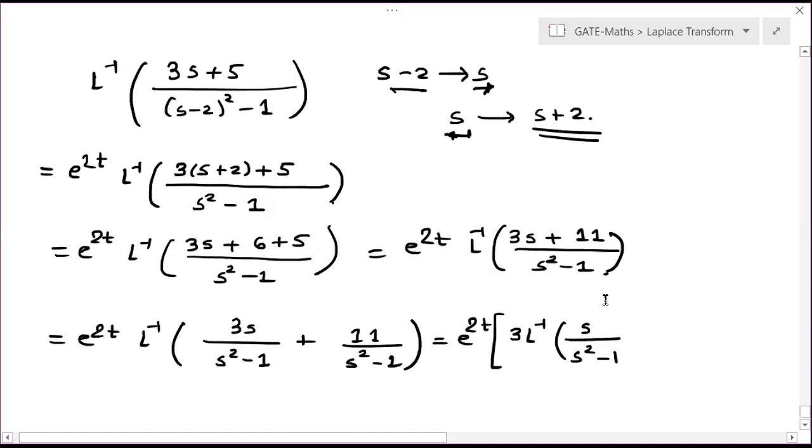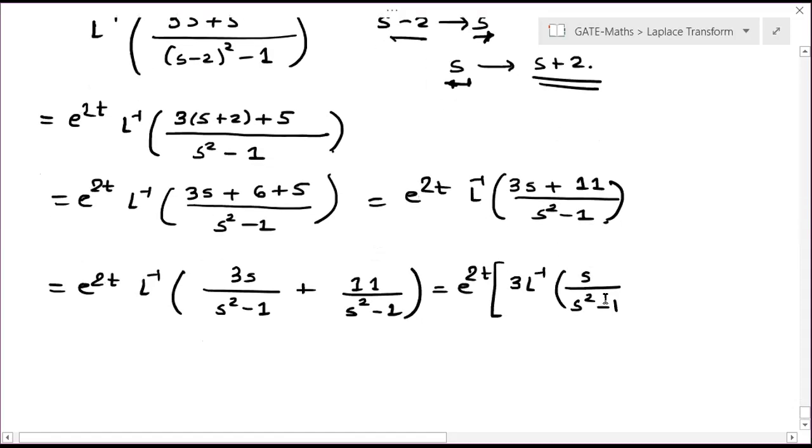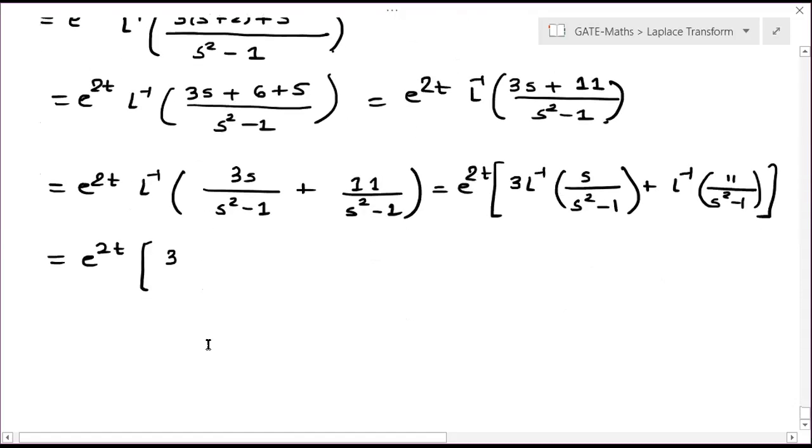So it is e to the power 2t, 3 times Laplace inverse of s by s square minus 1 plus Laplace inverse of 11 by s square minus 1. So this will be equal to e to the power 2t, 3 times Laplace inverse of s by s square minus 1.